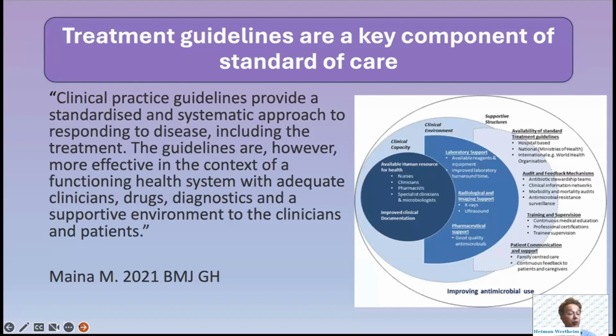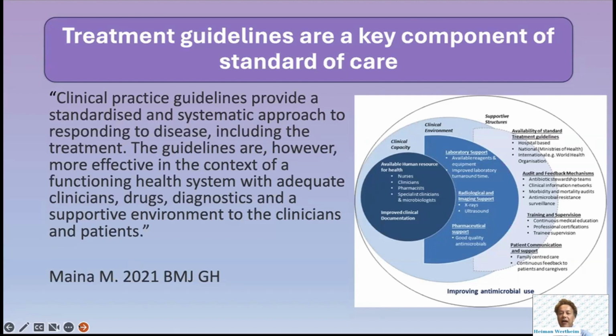You need to have availability of the drugs, but also of the diagnostics or your microbiology, and a supportive environment. The paper comes with a really nice figure of the whole context that you need: good human resources, knowledgeable people. So not just having tests and drugs available, but really having people around who can think about it.